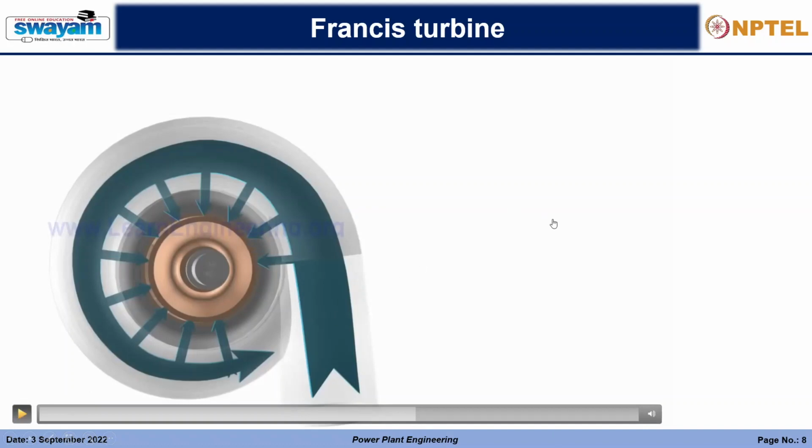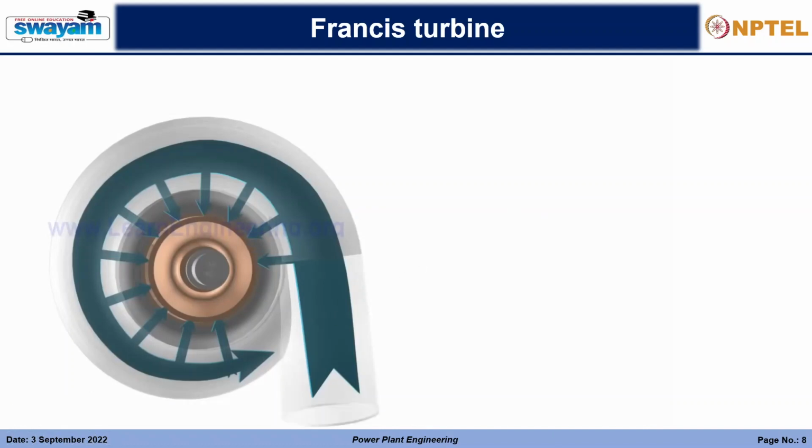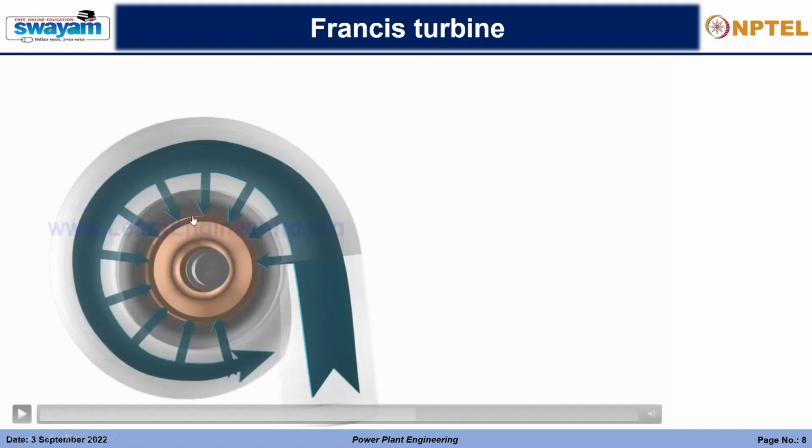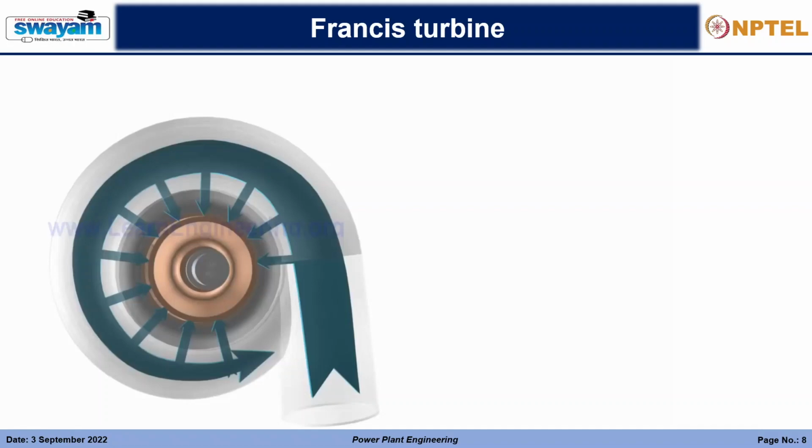So here I would like to comment on the scroll casing that you can see. It is of decreasing area. Where the water enters, it has the largest area, and it goes to the lowest area. Why? Because as the water comes inside the blades, the flow rate in this direction will decrease, but our final goal is to have a constant velocity.